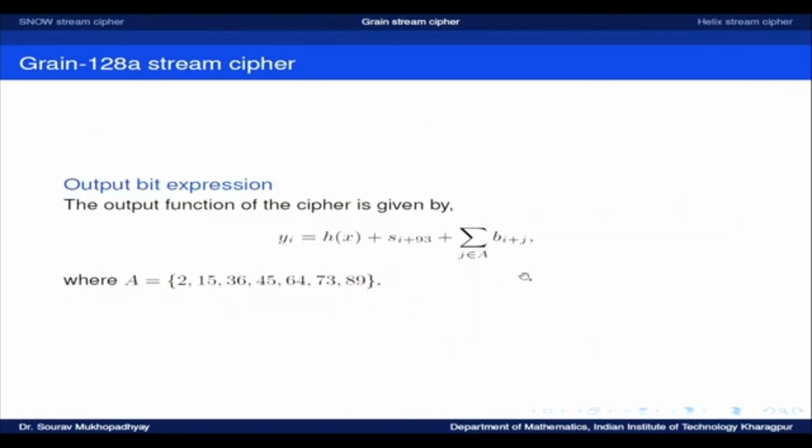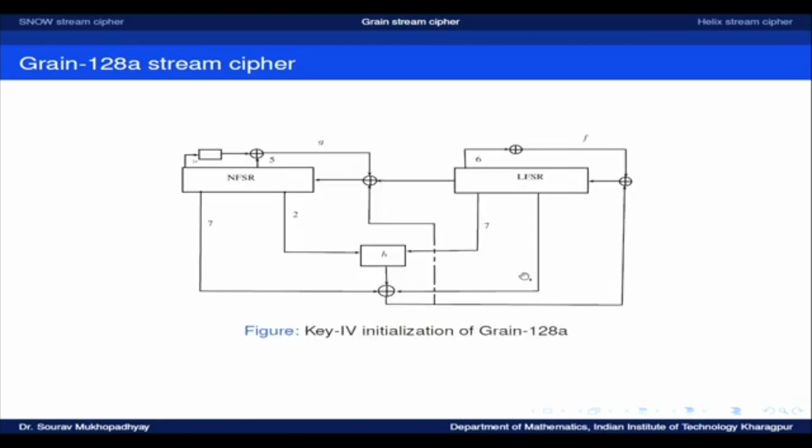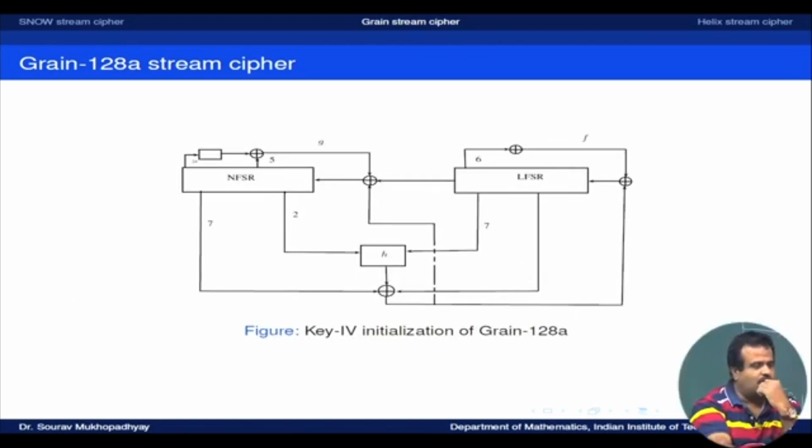This is the output, but the key initialization step is here. Here also we have an 80-bit NLFSR and an 80-bit LFSR. So here also the secret key is 80 bits. We put this 80-bit key into the NLFSR, and this is 128 bits.